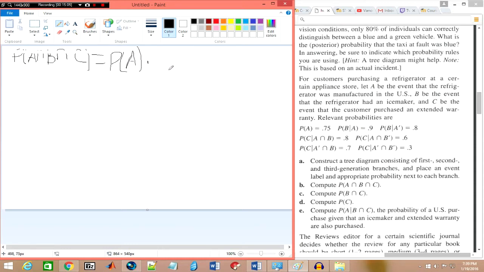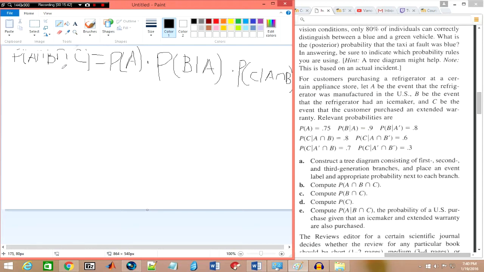Times probability of A times the probability of B given A times the probability of C given A and B should be equal to that.